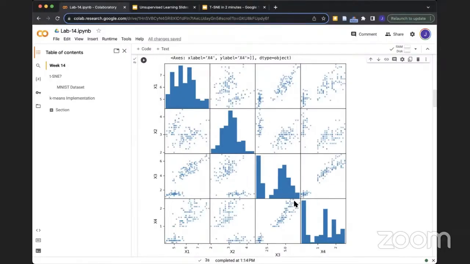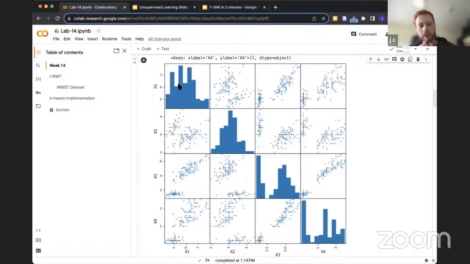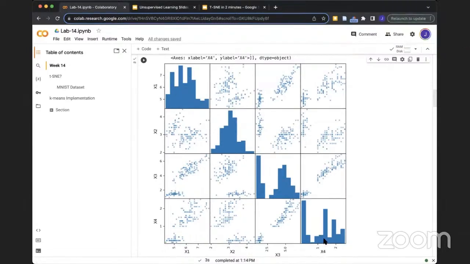I just felt those diagonal charts represent clusters. Okay, so the diagonal is the histogram of the individual variables. You have seen this plot before, right? A plot like this, with a bar chart.